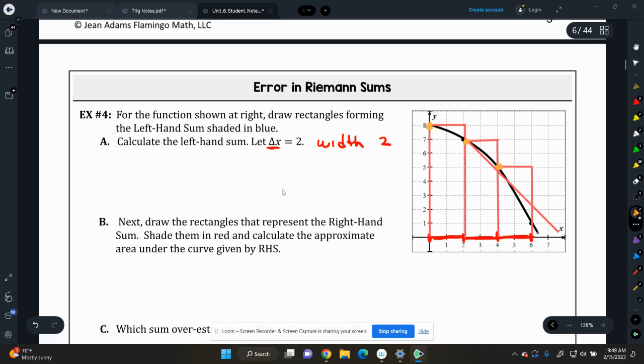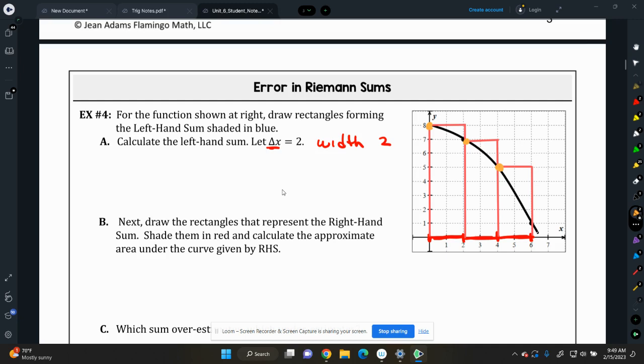The left corner comes in contact with the curve. I know that they have a width of 2 because it said delta x is 2. Delta x refers to the change in the x value. So it has a change in the x value of 2.